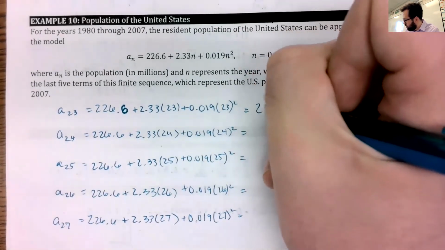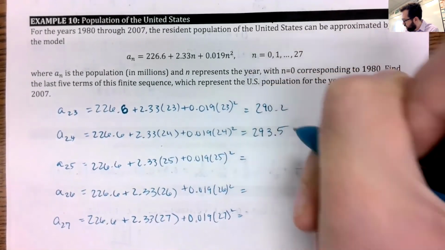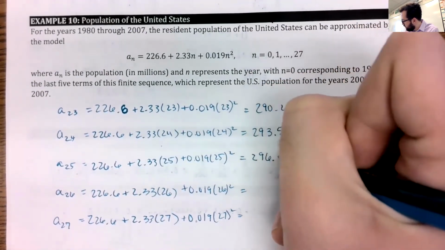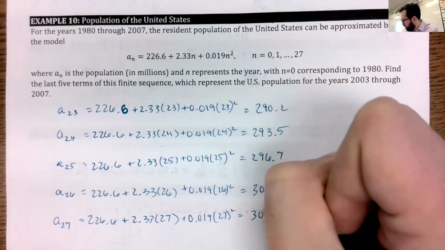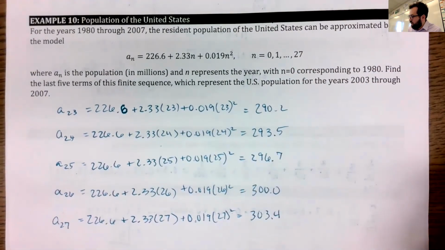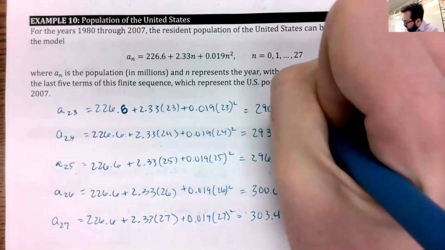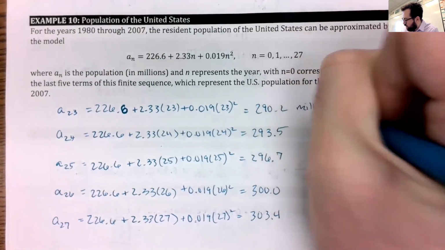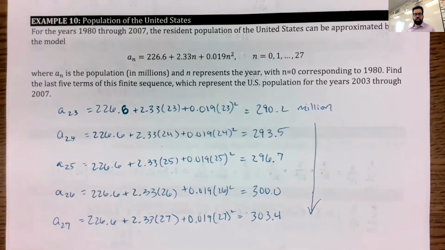Okay, so I'm going to get 290.2, 293.5, 296.7, 300.0, and 303.4. Each of those represents the population in millions, so I could write million after each one, potentially to show that that is million people in the US.